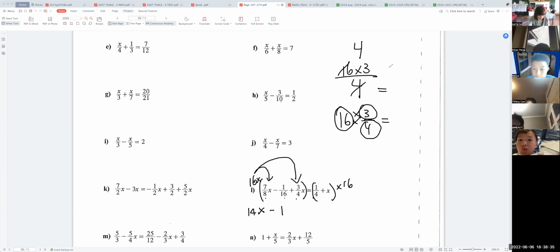4. So 3 times 4 equals 12. Okay, so it's plus 12x. So 1 over 4 times 16 equals what? 4.